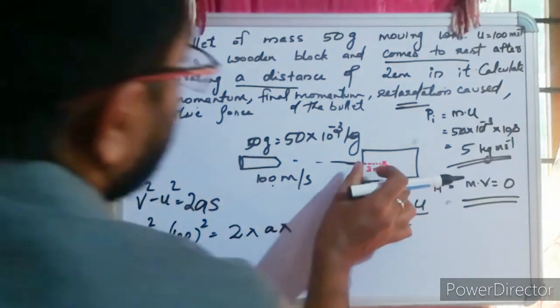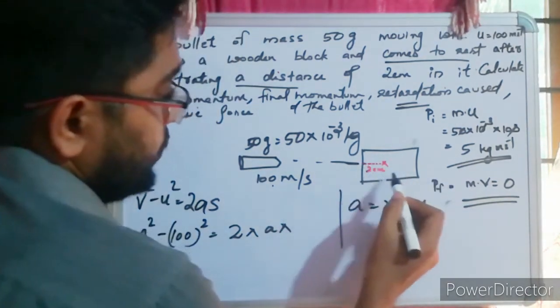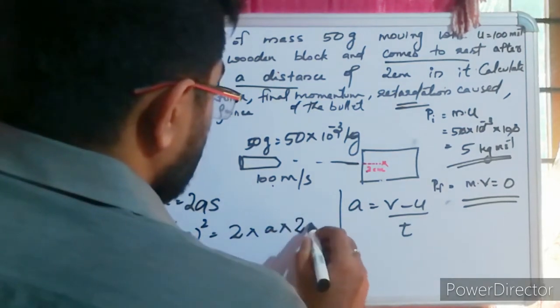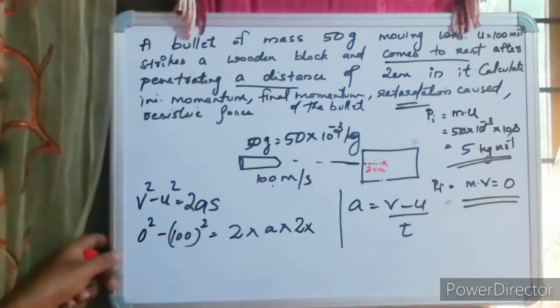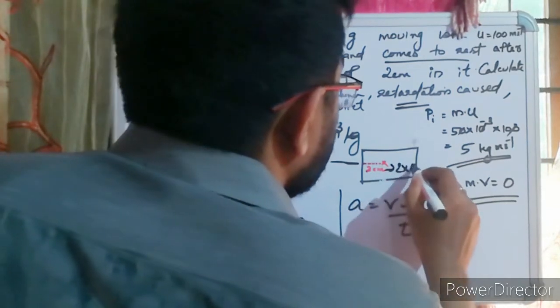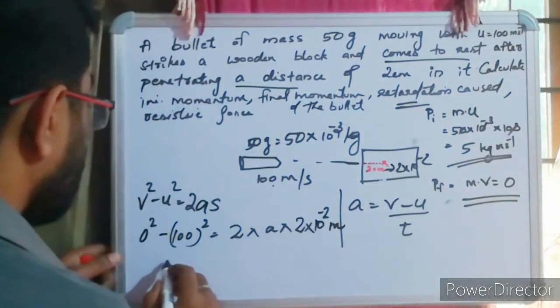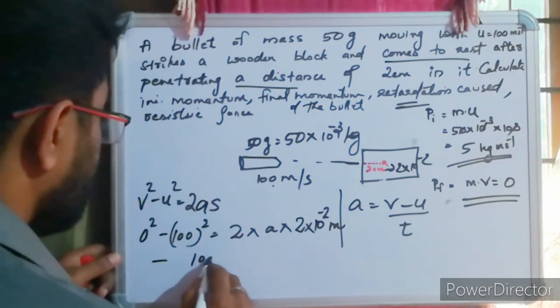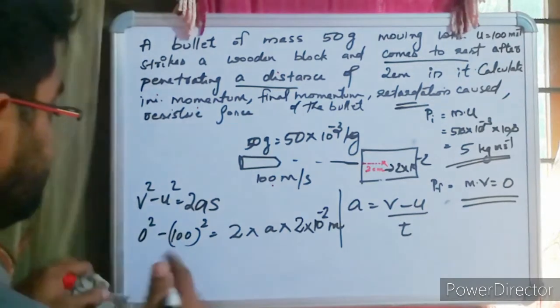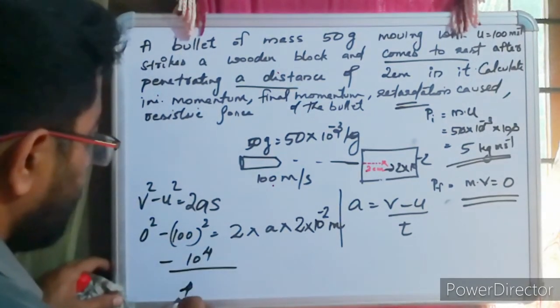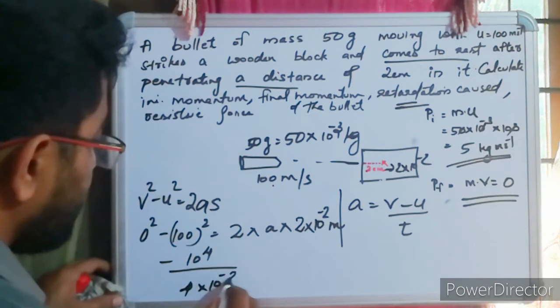It is said that the body travels a distance of 2 centimeter within the wooden block. So 2 centimeter, convert to meter: 2 into 10 to the power minus 2 meter. So your a is equal to minus 10 to the power 4 divided by 4 into 10 to the power minus 2. That is 10 to the power 4 divided by 4 into 10 to the power minus 2.